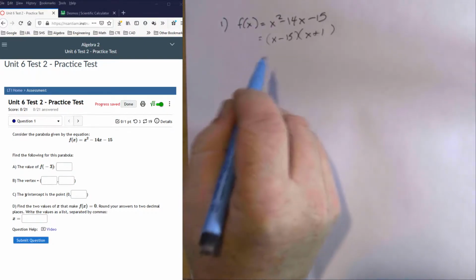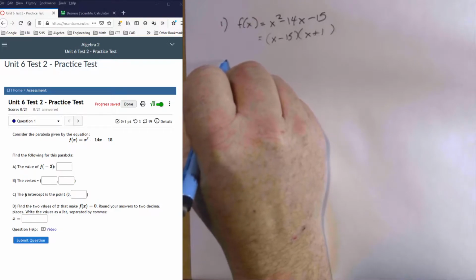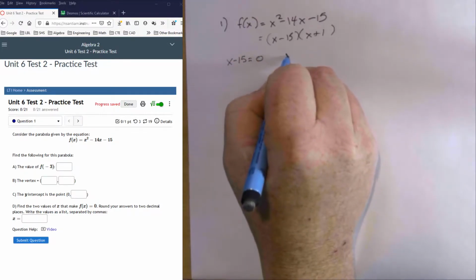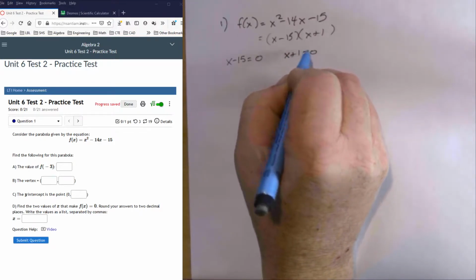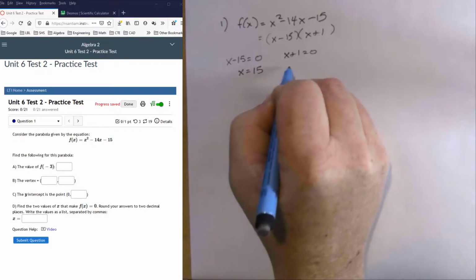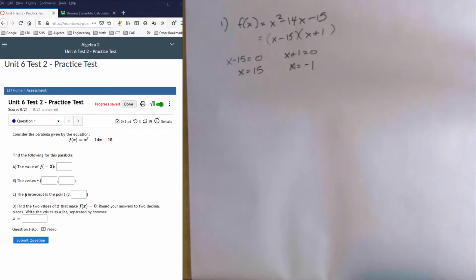And the reason that I care about that is that that tells me my zeros. That tells me my x-intercepts. So my x-intercepts are going to be x minus 15 is equal to 0, and x plus 1 is equal to 0. So that tells me that it's going to be where x is 15 and where x is negative 1. Okay, so that gives me the answer to part D on that. And so that's going to be negative 1 and 15.